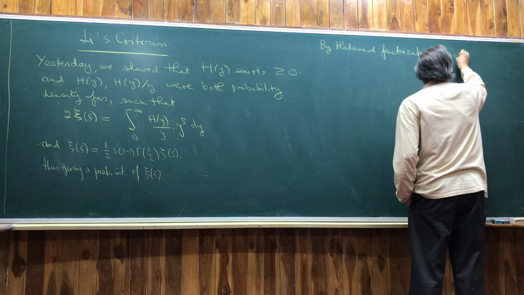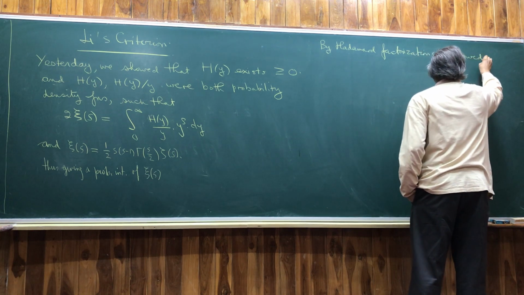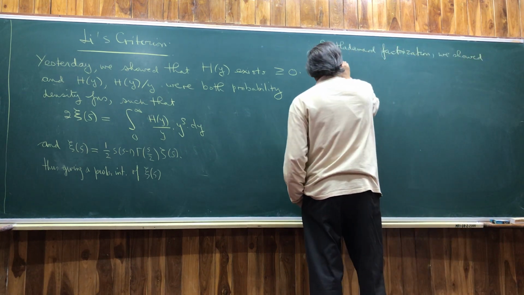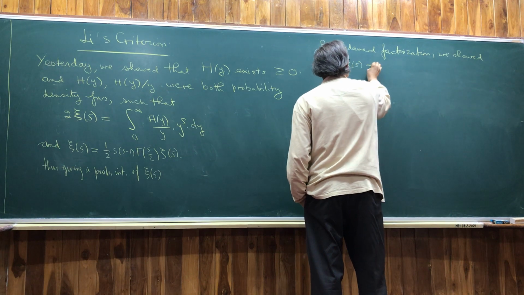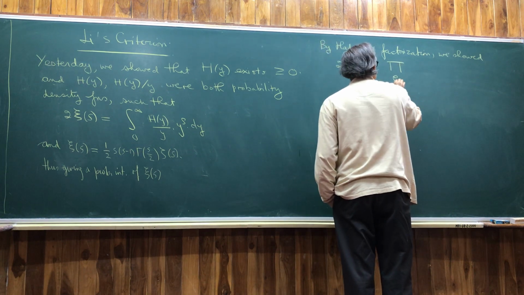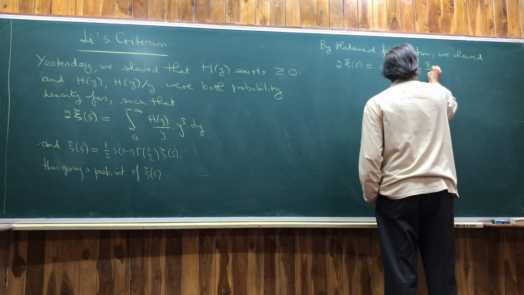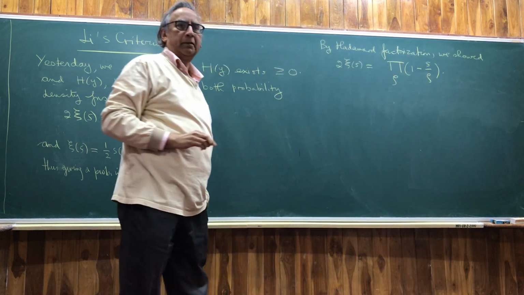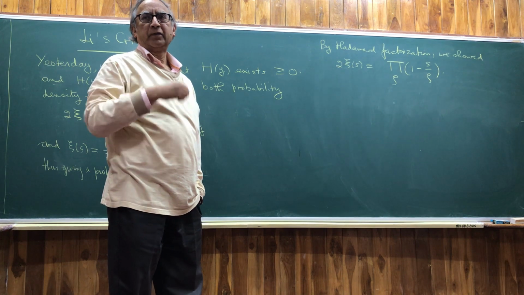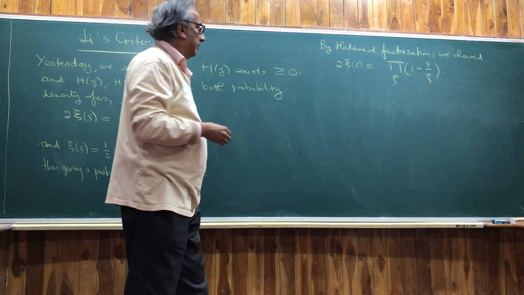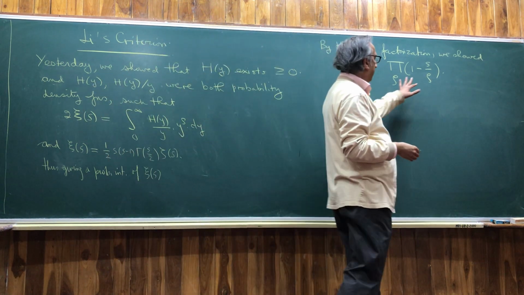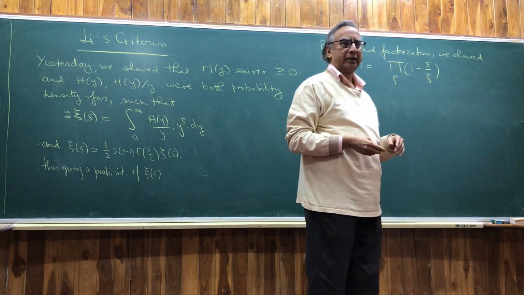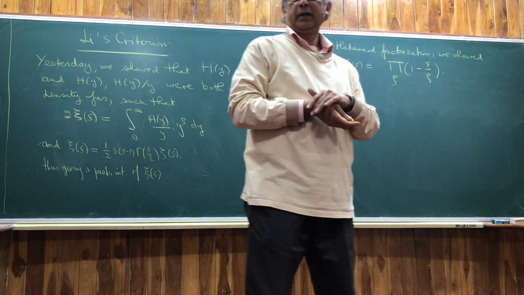We showed that 2 times c of s is the product of 1 minus s over rho. Keeping in mind issues of convergence, we just pair things up and don't really bother about it. You can pair rho and rho bar, but it's more elegant to write it this way. More elegant and more suggestive.